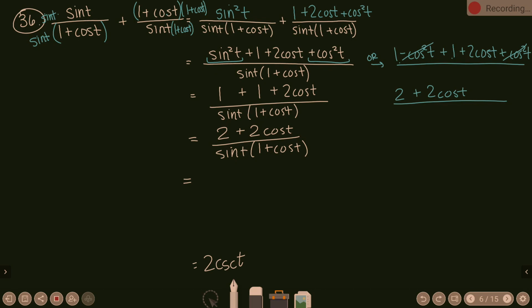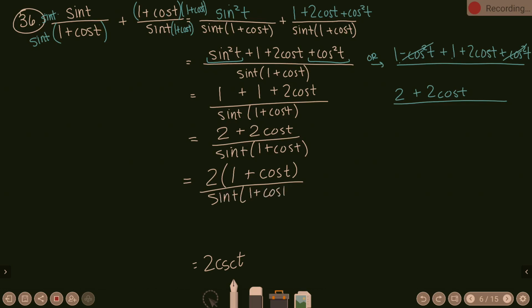So, okay, one last big step. What do you have to see here? There is a 2 to factor out. A GCF of 2 is what you need to see here. If I factor out that 2, you're there. 2 divided by 2 is 1 plus 2 cosine t divided by 2 is cosine t, all over sine t times 1 plus cosine t.